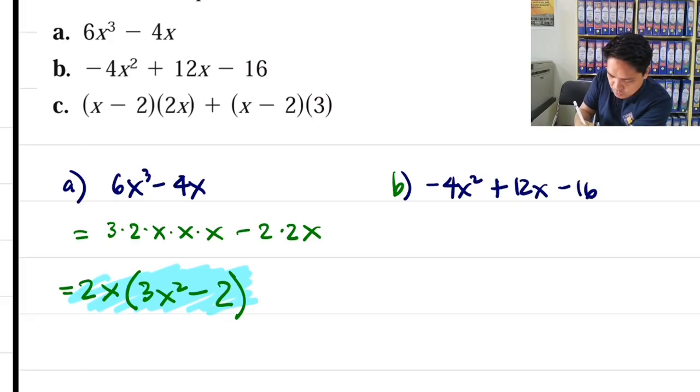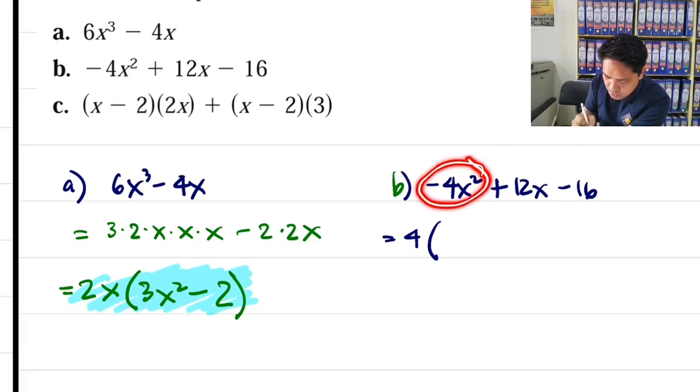Ito siya, the coefficient is 4. The factor of 12 is 3 times 4, so merong 4 dito. The factor of 16 is 4 times 4. So if we factor out positive 4, ang naiwan dito is negative x squared na lang.